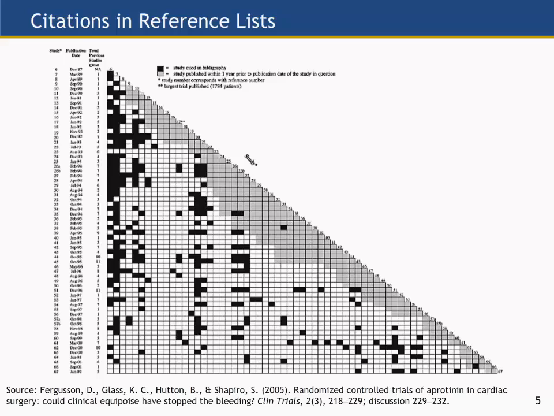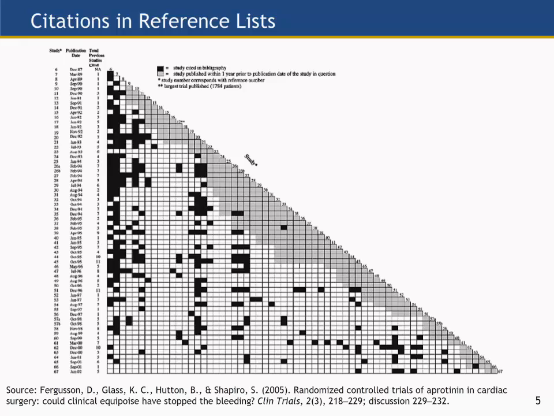The researchers searched the literature for randomized controlled trials that studied the effectiveness of aprotinin, a blood substitute used in cardiac surgery. I know it's kind of hard to read, but what this figure represents is all of the studies that they found. The oldest is at the top, and the newest one that they found is at the bottom.